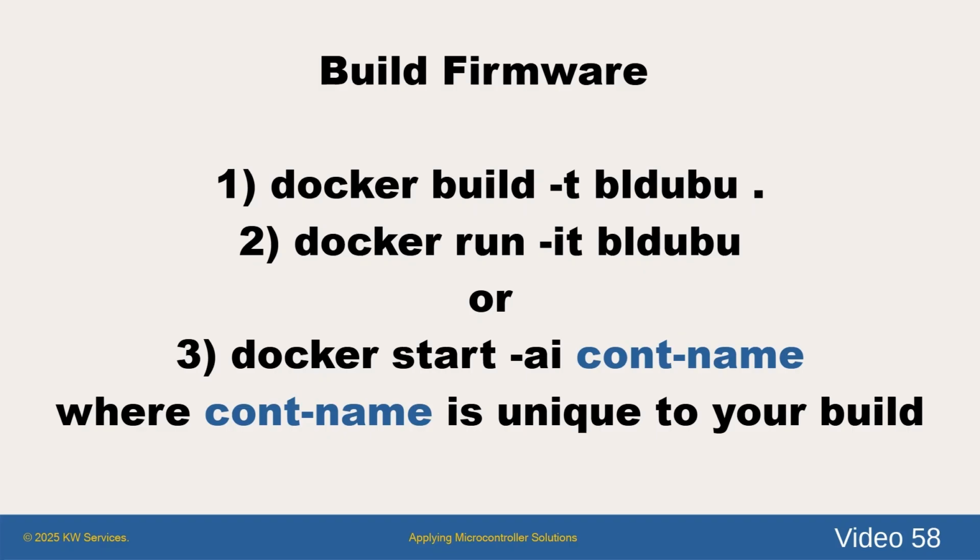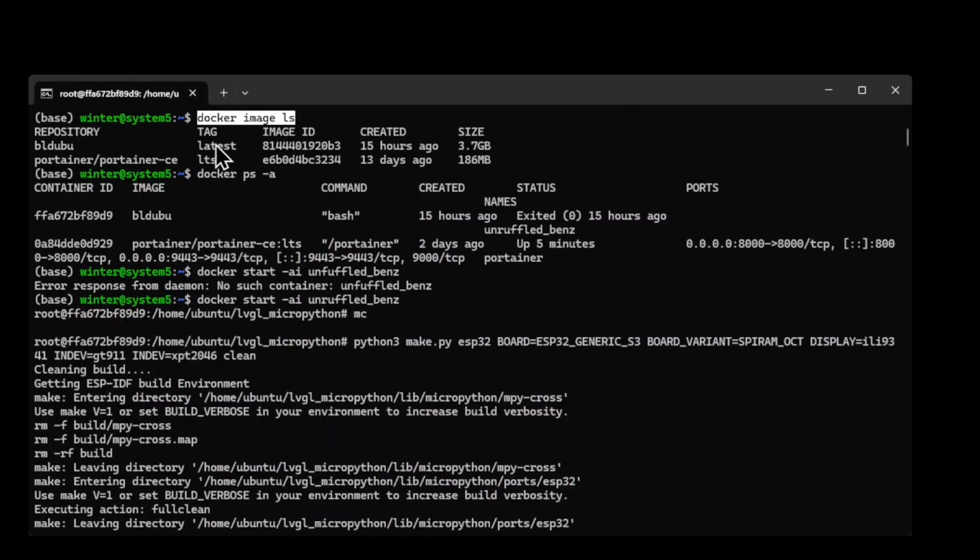We had to interrupt the build, so this is the next day. No worries. Docker allows us to continue from where we stopped. The first thing I did was list out the images that I created yesterday. Then I listed out a list of the containers.